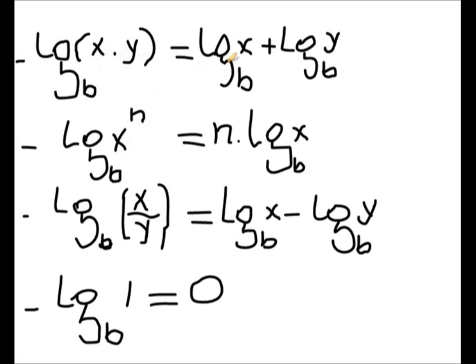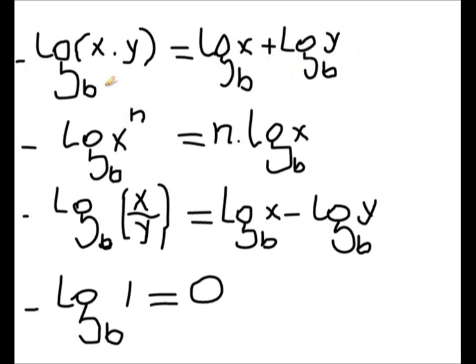So this will give me log x plus log x plus log x. That will give me n times log x. So that's why when I have log of x to the power of n, it gives me n times the logarithm of x. Okay, that means this property can be explained by the previous property also.